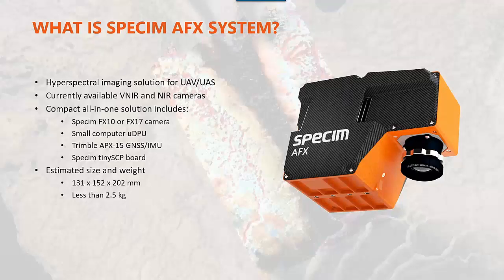So what we have inside the single casing is either FX10 or 17 spectral camera, small computer MU-DPU, and then we are using Trimble APX-15 survey grade high performance GNSS IMU, and then we include also our system control board, a miniaturized version of that for timestamping between the image and navigation data. The camera size is similar for both AFX10 and AFX17. They both weigh less than 2.5 kilos.